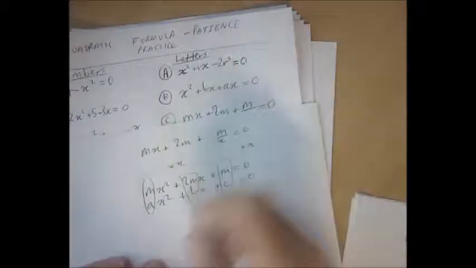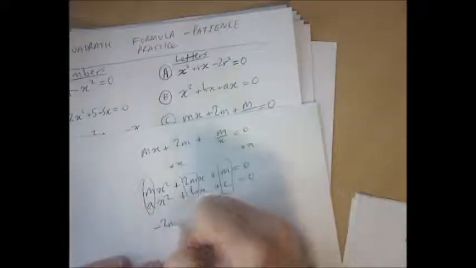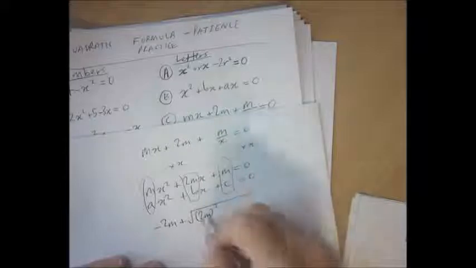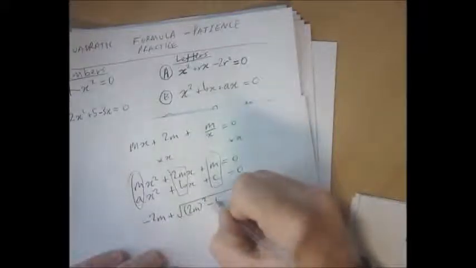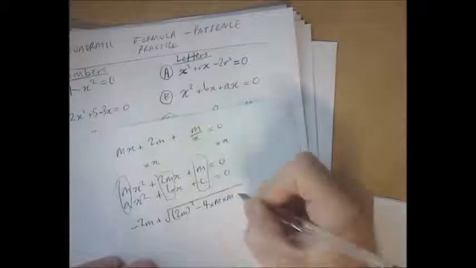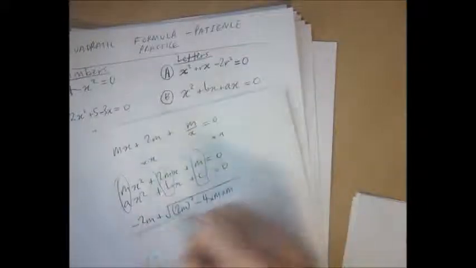So here I'm away. Negative b plus the square root of b squared. Brackets to make sure the 2 gets squared, not just the m. Okay, simplifying.